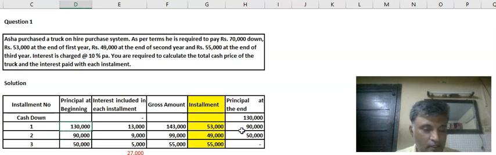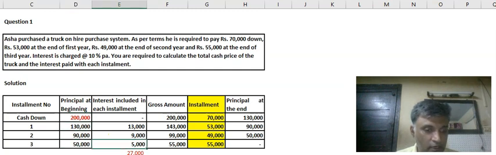If this is 1,30,000, and there is a cash down payment of 70,000, it gives you a total of 2 lakhs. Make sense? So the cash price of the asset is 2 lakhs.